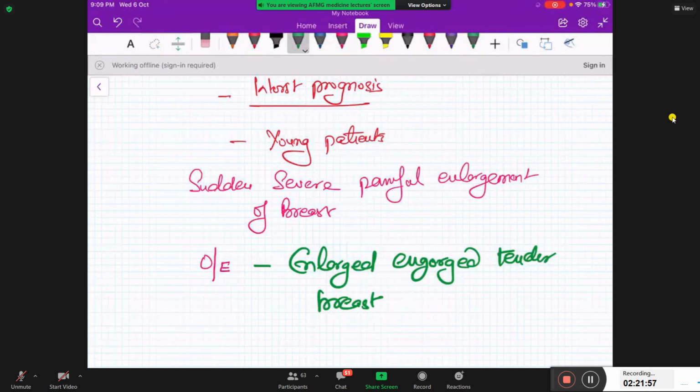So, how will we know whether we are dealing with a breast abscess or an inflammatory carcinoma breast?